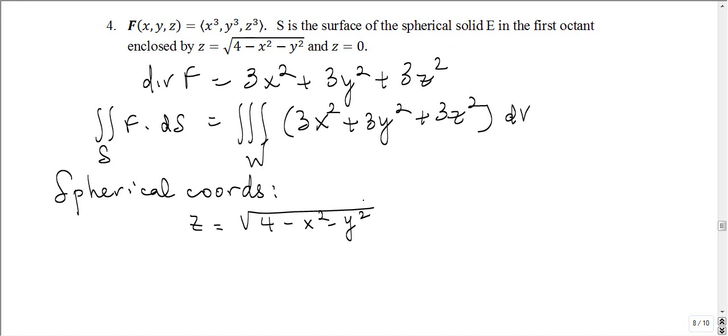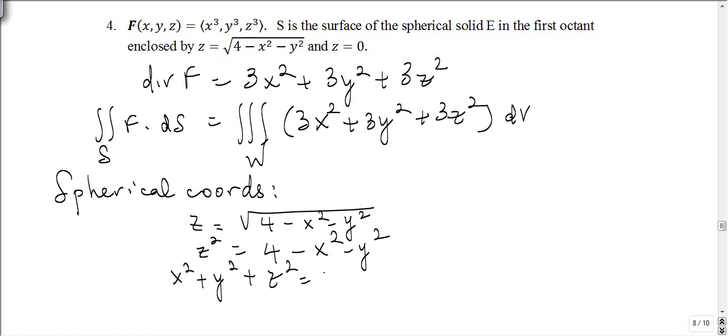So they wanted to show that z was positive. So square both sides. What do we have? z squared is 4 minus x squared minus y squared, so the sum of the squares is 4. So right away, I'm sure you can tell me what rho is now.